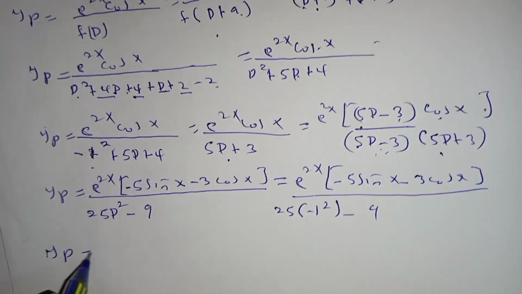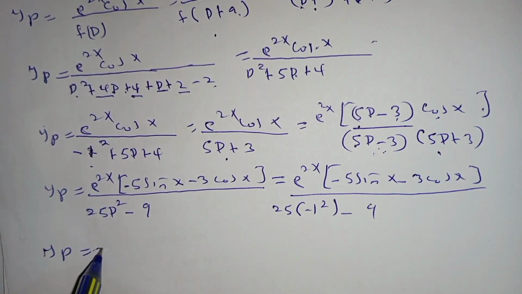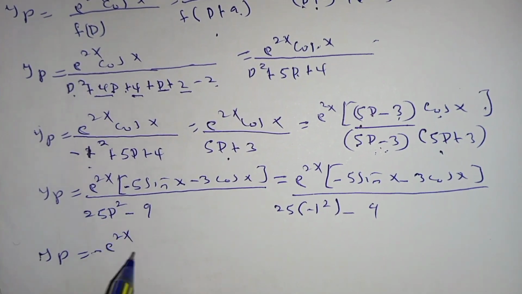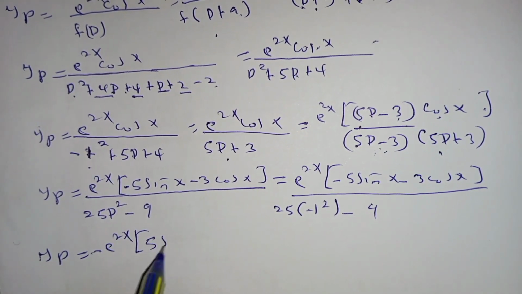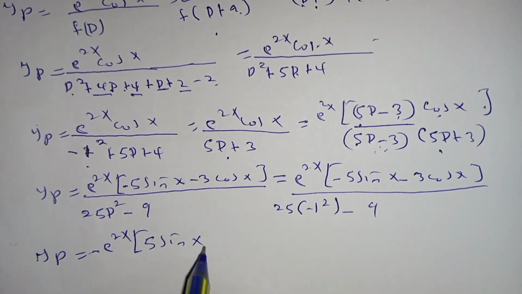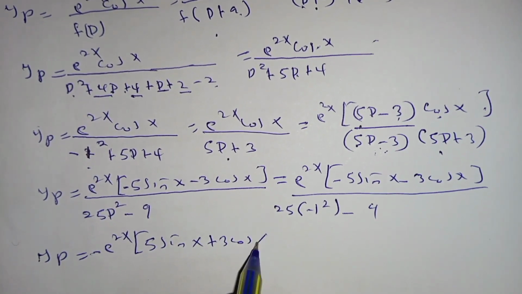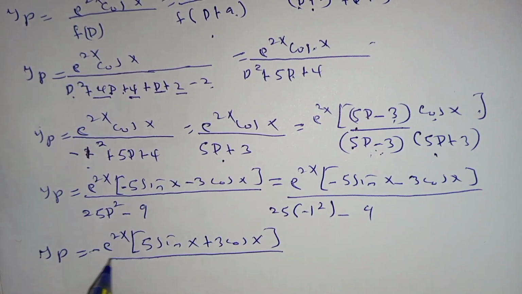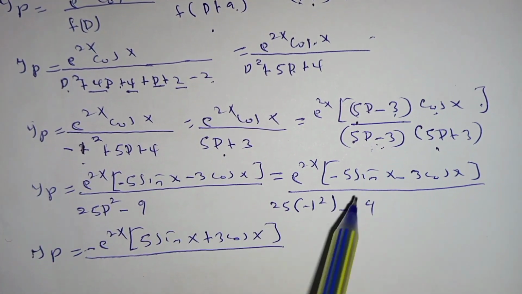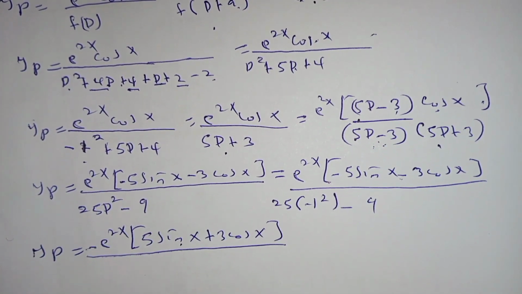So yp is equal to minus exponential x into bracket 5 sine of x plus 3 cos of x. I have factored negative outside so that these ones can become positive.